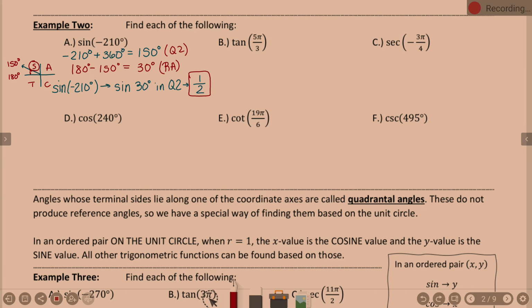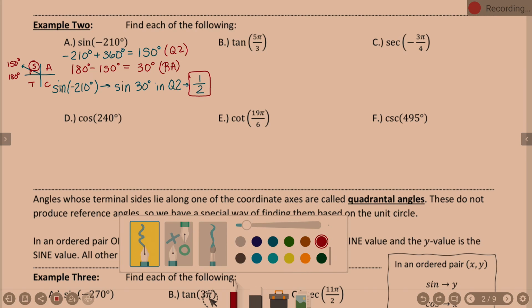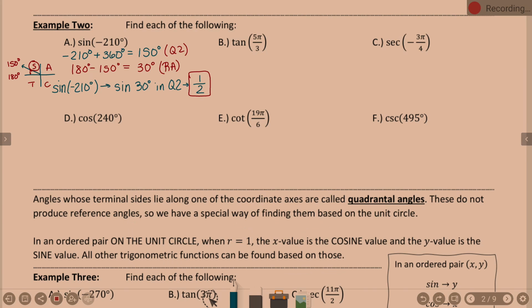We're starting to feel confident, and then, bam, she throws radians at you. Tangent of 5 pi over 3. I'm not saying you have to do pictures for these, but pictures can be helpful. When working in pies, I think 1 pi and 2 pi.